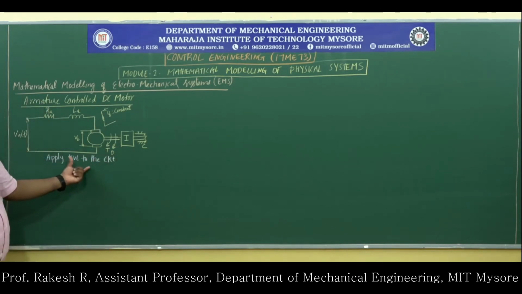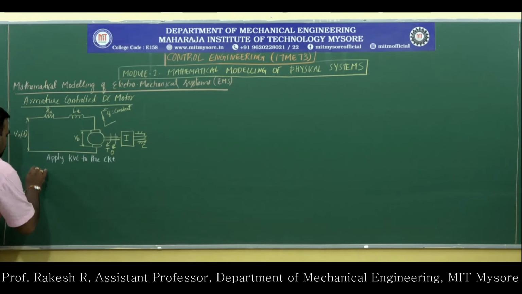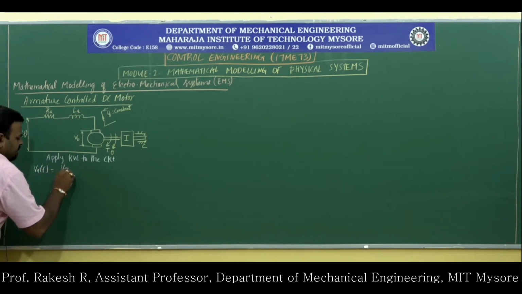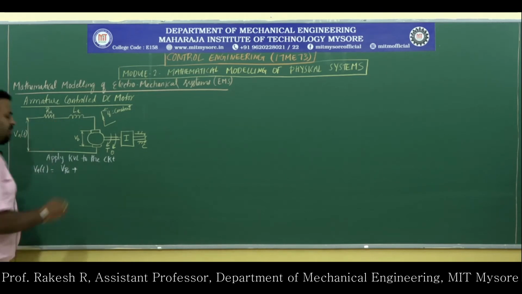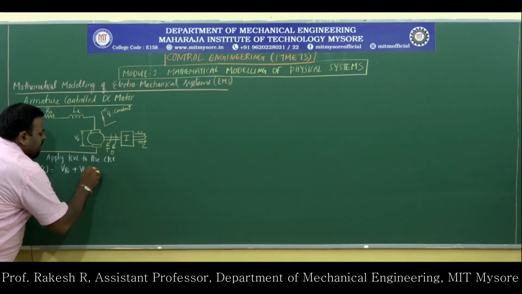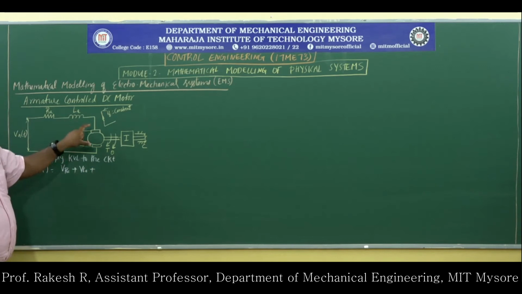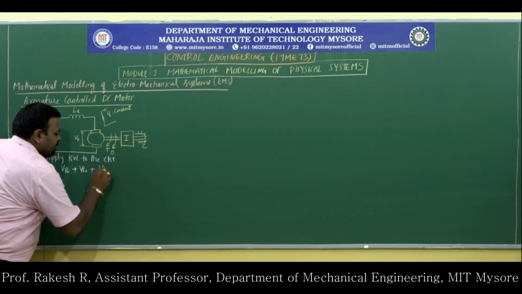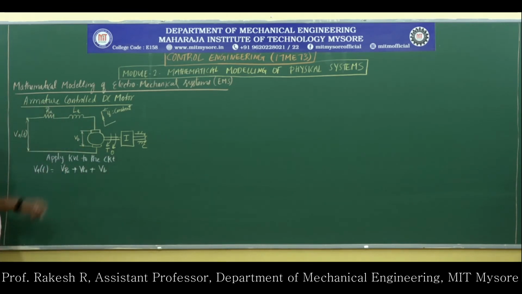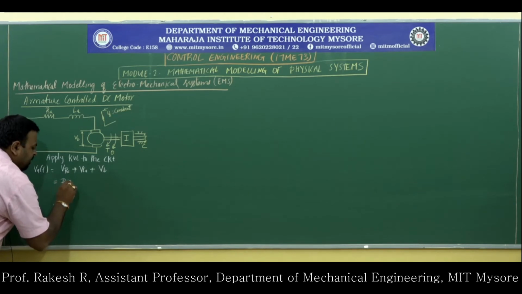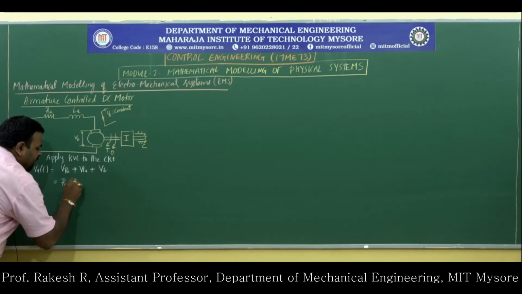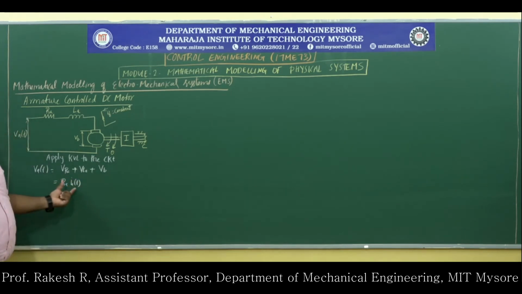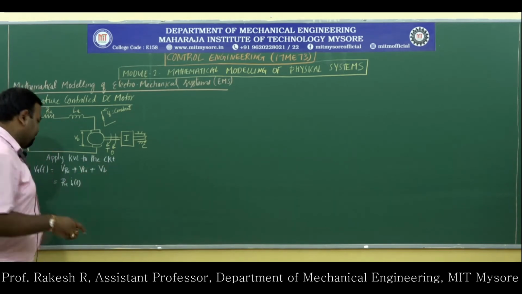If I apply Kirchhoff's voltage law, the armature voltage will be equal to the voltage across the resistance, plus the voltage across the inductance, plus the voltage across the armature, that is the back EMF VB. Voltage across the resistance is resistance into current, so RA into IA of T, where IA of T is the armature current.